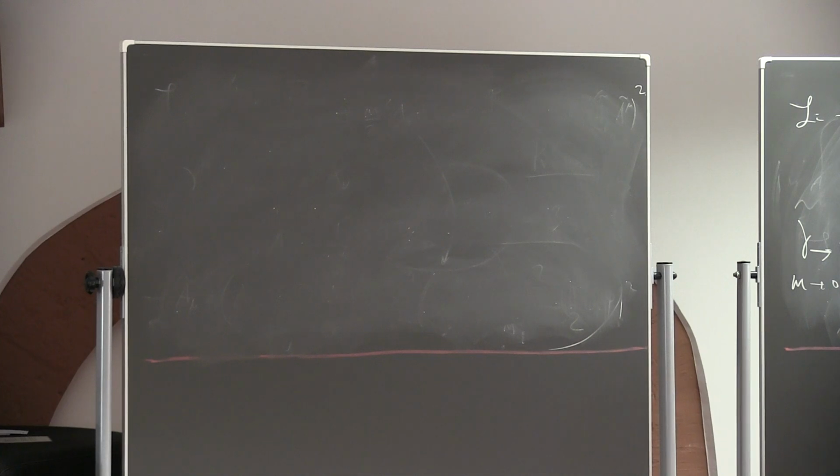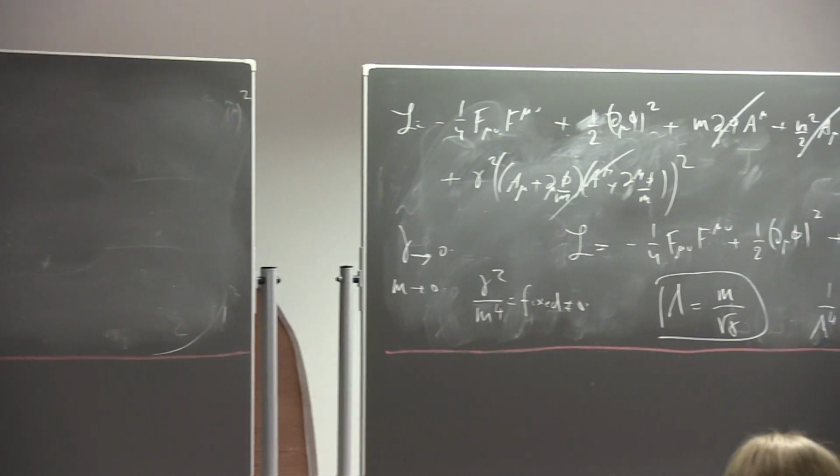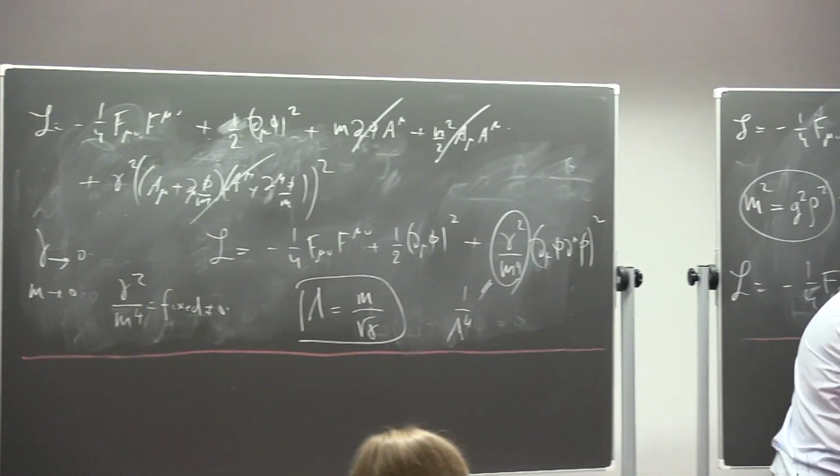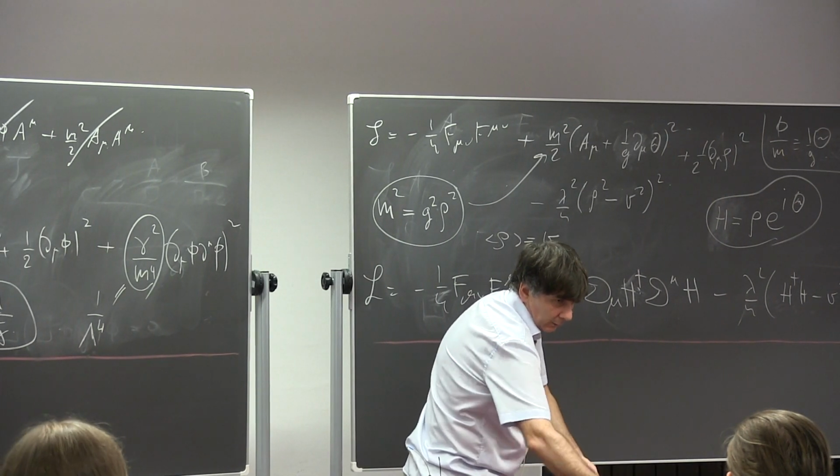Now, sorry, let me use the space here. So the vacuum of this theory is, of course, that the expectation value of rho is given by V, okay? And therefore, it's the usual story. We go near the vacuum, and we allow rho to fluctuate around the vacuum point, right?